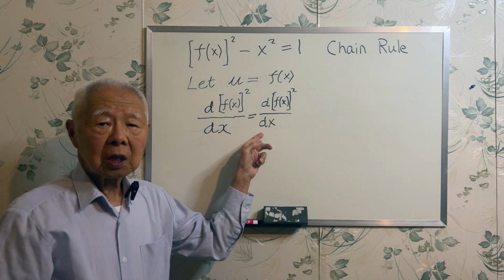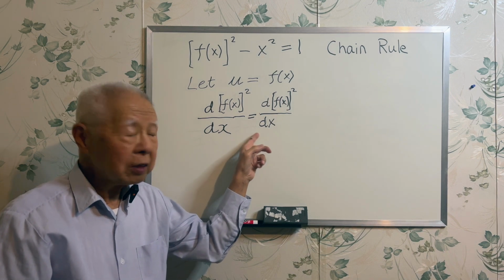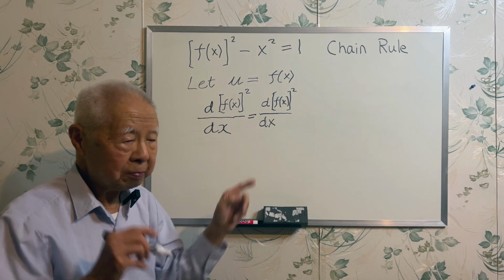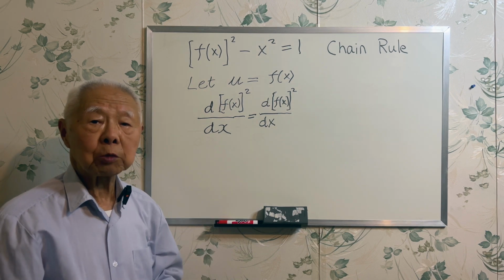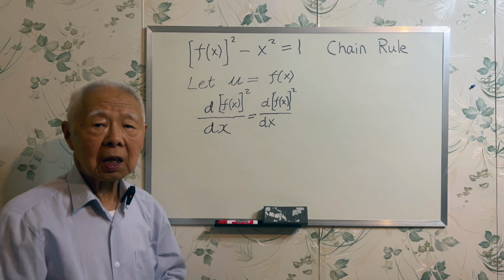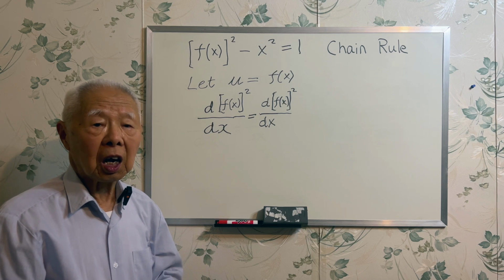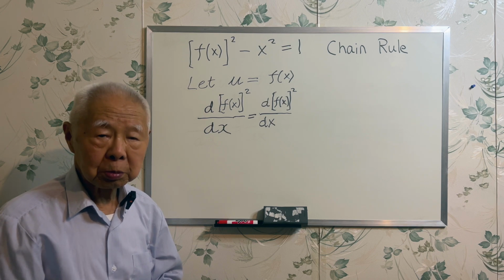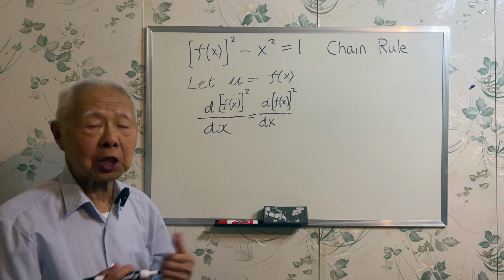Let us multiply this part by a factor 1. But I'm not going to write 1. I'm going to write du by du, because du by du is just 1.